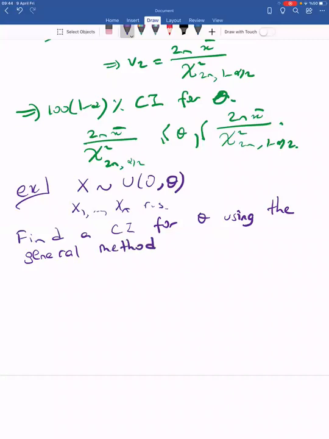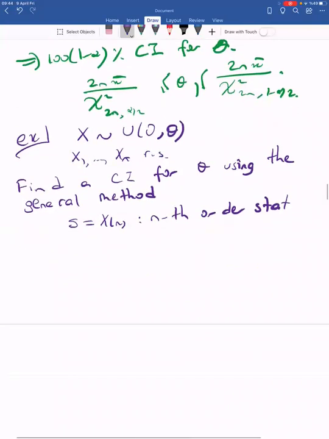Okay. If you remember here, both the MLE and also the sufficient statistic is the nth order statistic, so S equals X_(n), the nth order statistic. So we need to work with the distribution of the order statistic here.